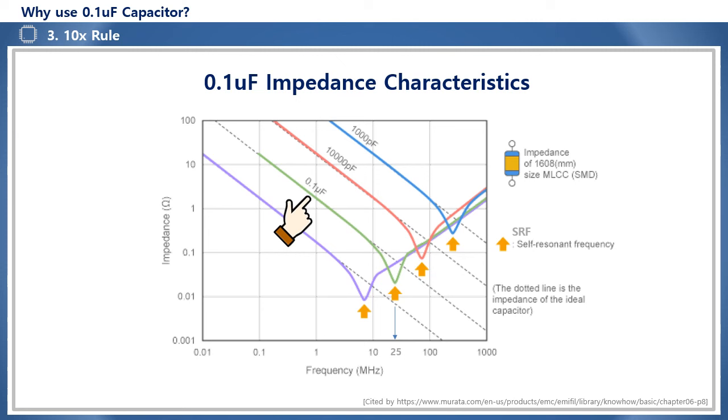This impedance characteristic graph is a graph of an ideal PCB pattern, and an actual PCB pattern has an inductance of approximately 0.5 nanohenry per millimeter and 0.1 nanohenry per via. Therefore, there are recommended requirements such as MLCCs for bypass or decoupling purposes should be placed adjacent to the power terminals of the IC and the patterns should be short and thick.